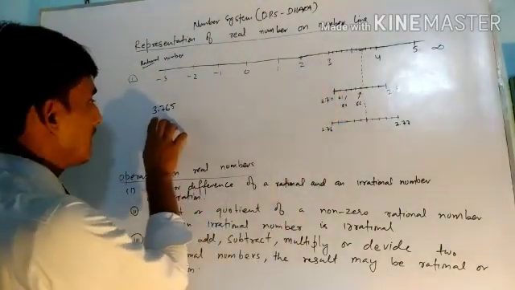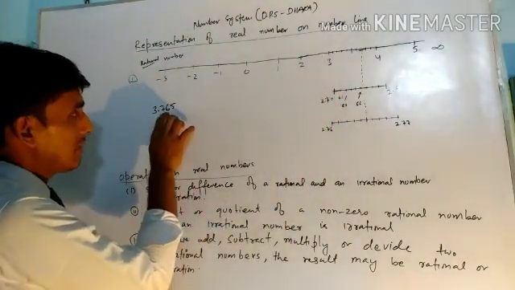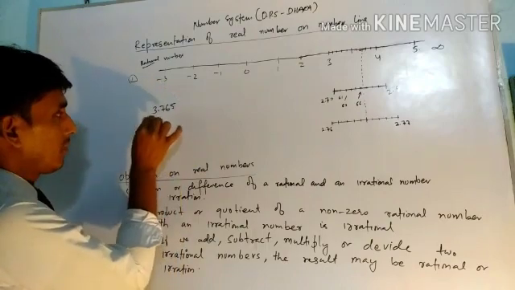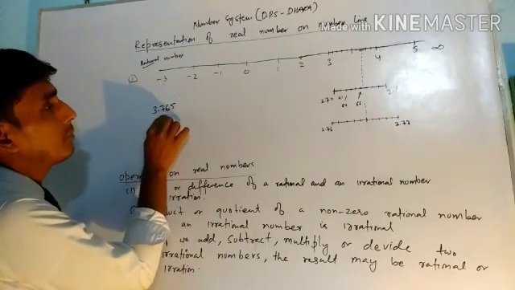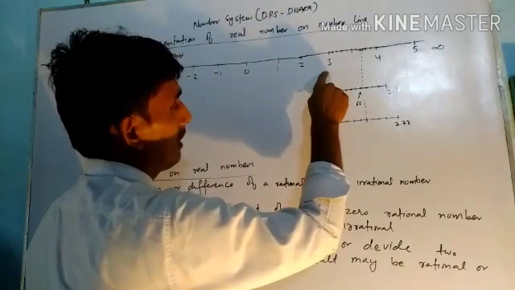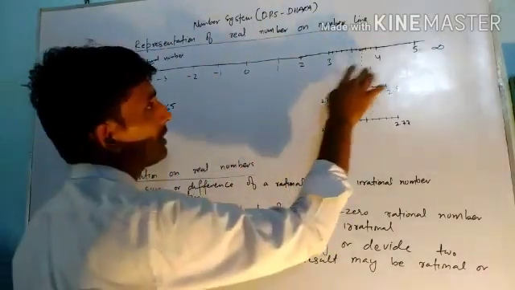This number is 3.675. So we will take here only up to 3.7. This number is lying between 3 and 4.